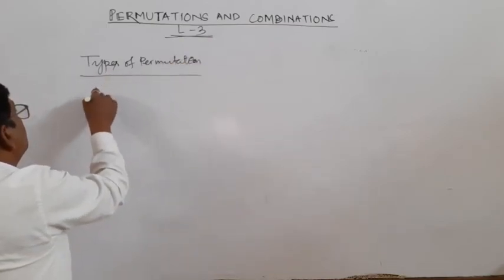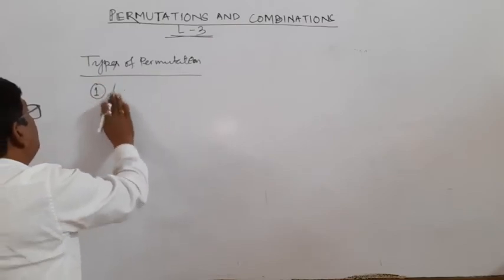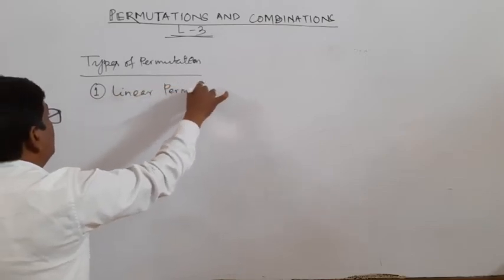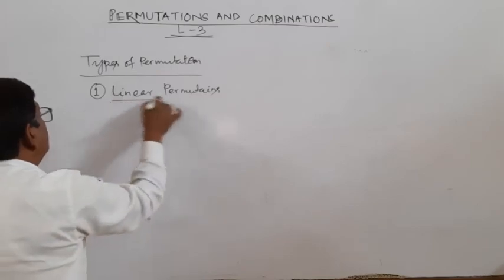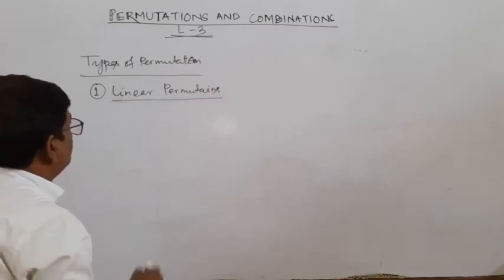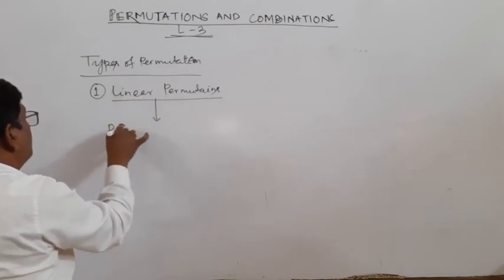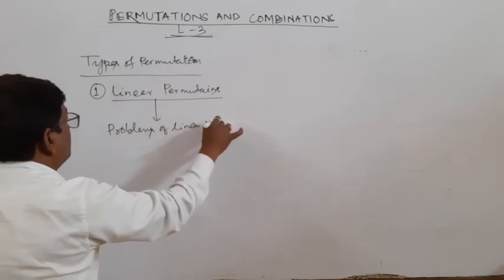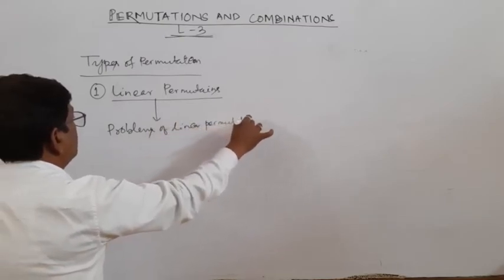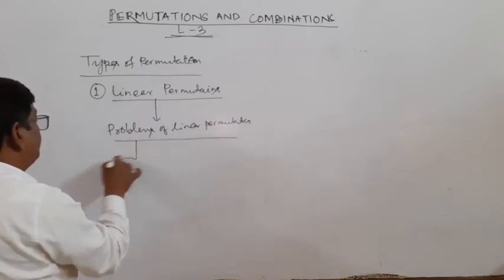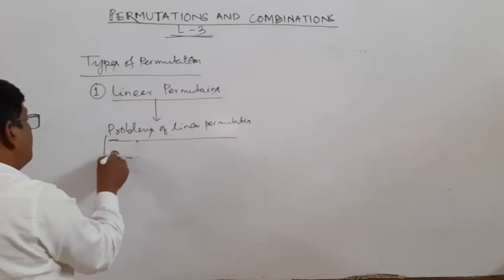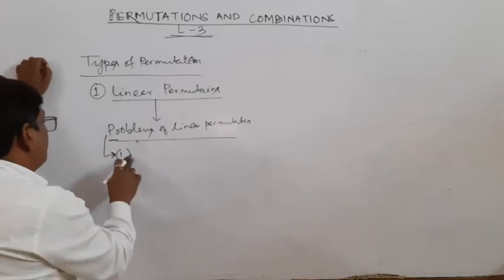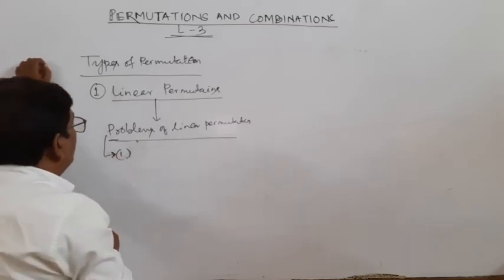One is linear permutation, and the problems of linear permutation are, number one, formation of numbers using given digits.